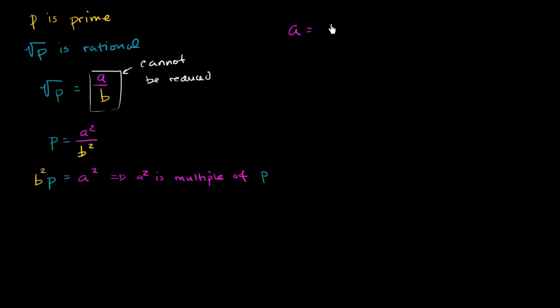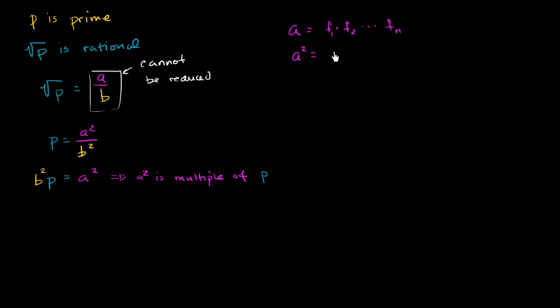So let's say that I have my first prime factor times my second prime factor all the way to my nth prime factor. And I don't know how many prime factors a actually has. I'm just saying that a is some integer right over here. So if that's the prime factorization of a, what is the prime factorization of a squared going to be? Well, a squared is just a times a.